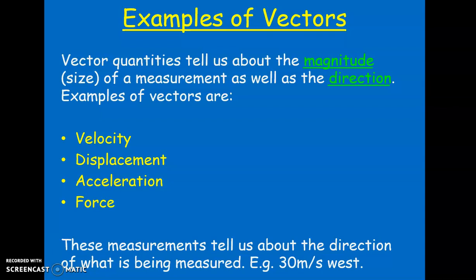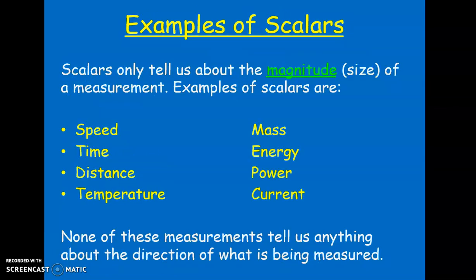But velocity. In the scalar examples, one of the ones was speed. Now speed might just say that I'm traveling at 30 meters per second. This is scalar, remember, 30 meters per second.